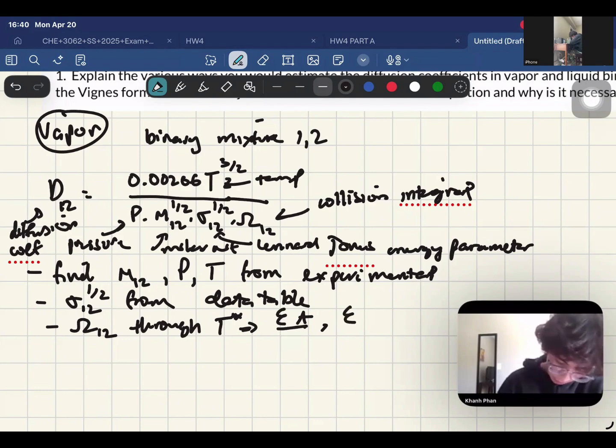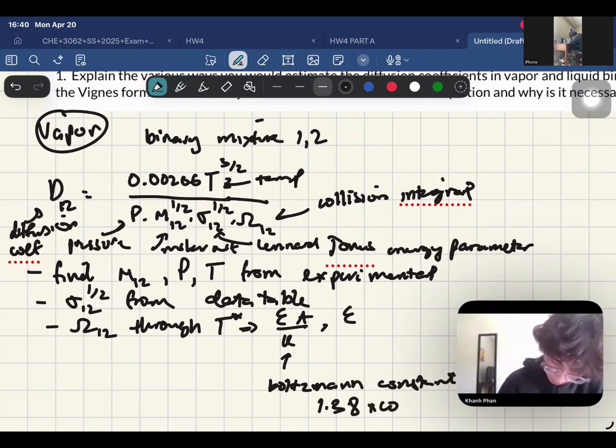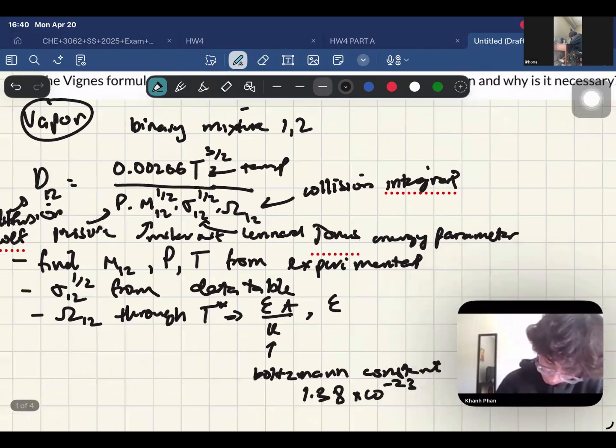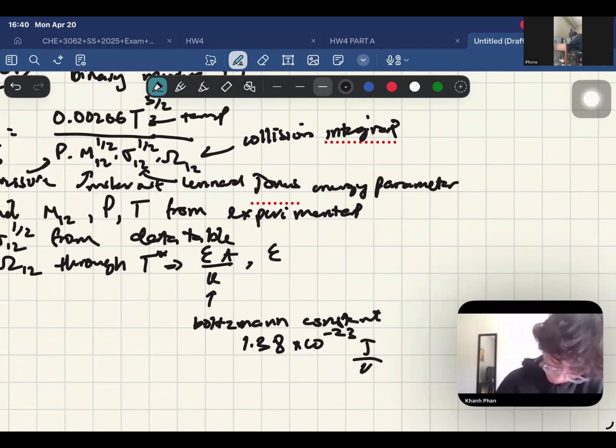So epsilon of A over K. K is the Boltzmann constant with a value of 1.38 times 10 to the negative 23 joules per Kelvin.